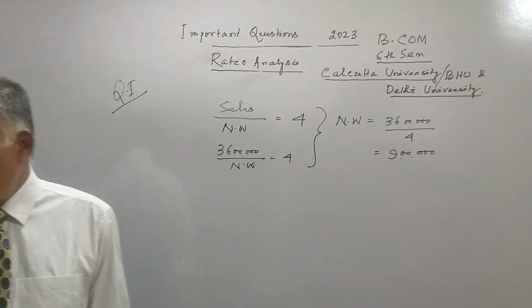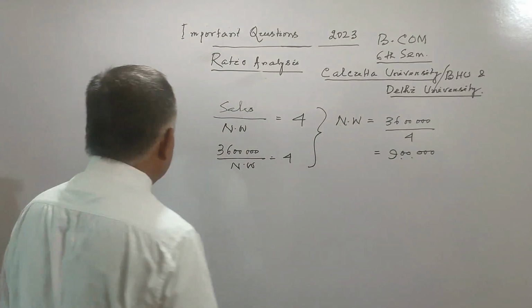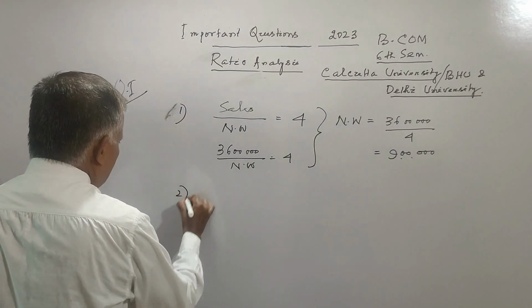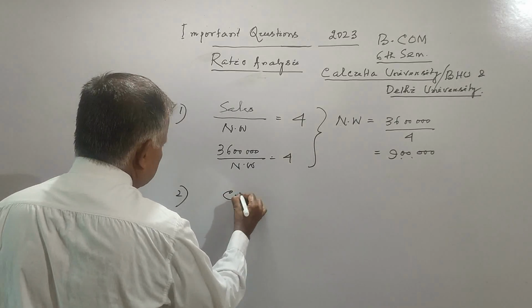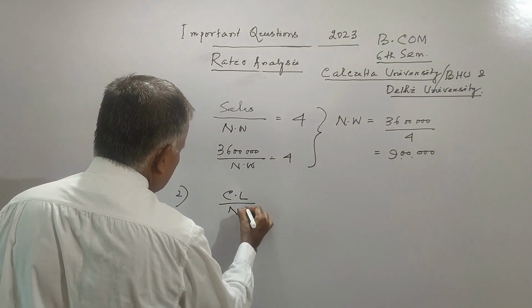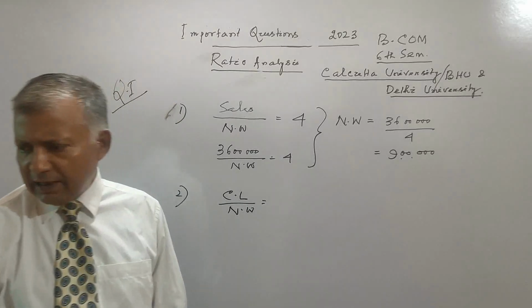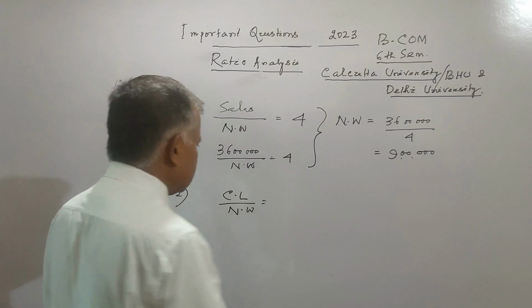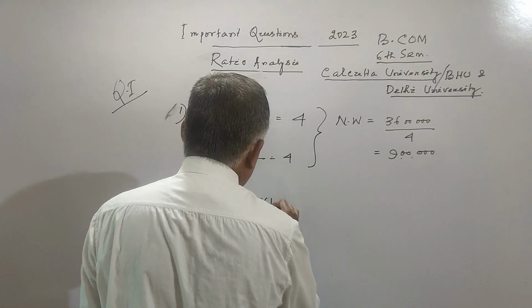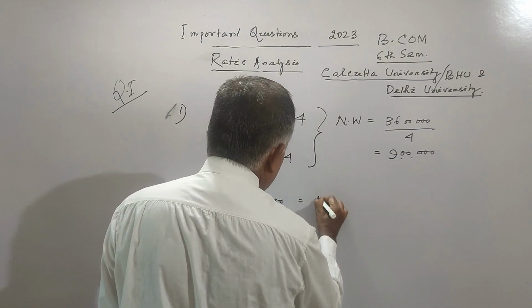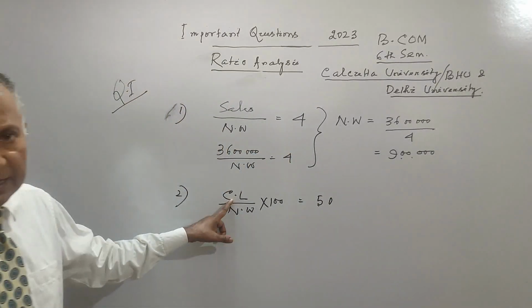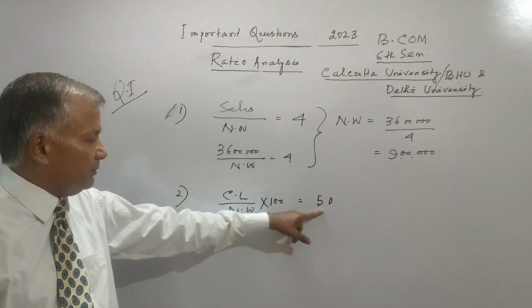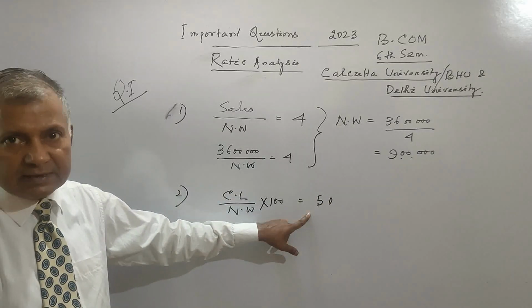Now they have given you current liabilities to net worth. This is 1, 2, current liabilities to net worth is equal to 50%. So if you multiply by 100, it will be 50. Alternatively, you can write current liability by net worth equal to 50 by 100, that is 50%.